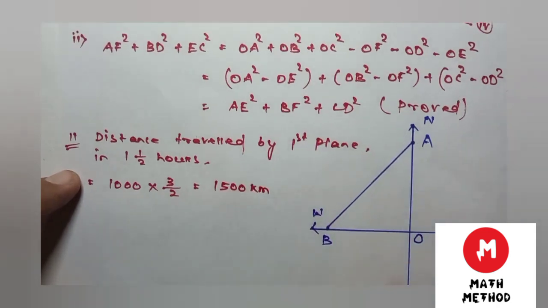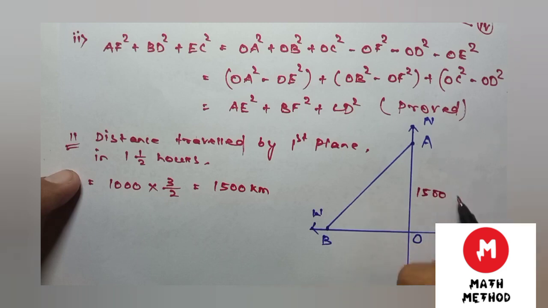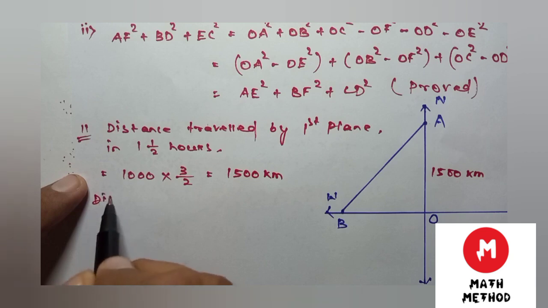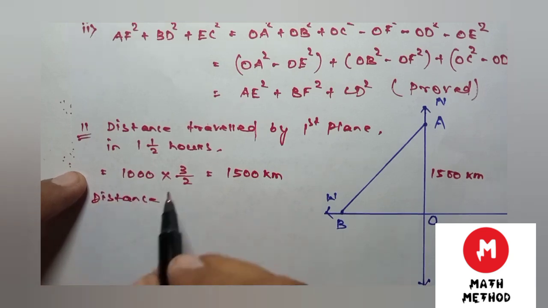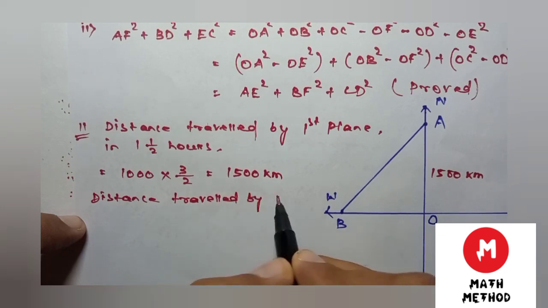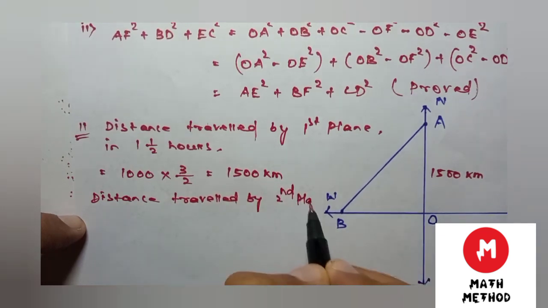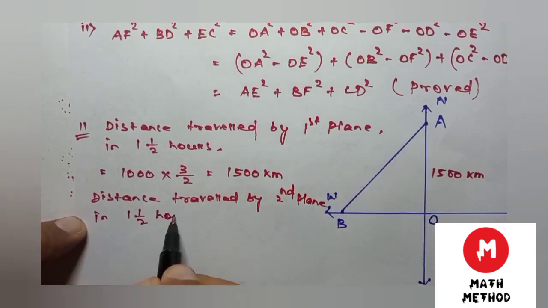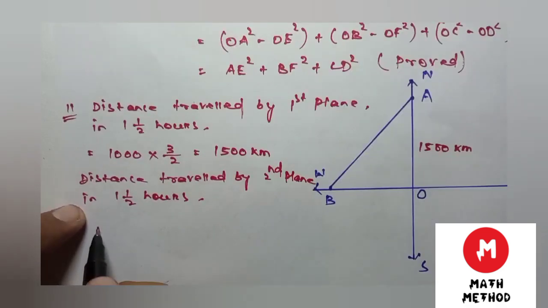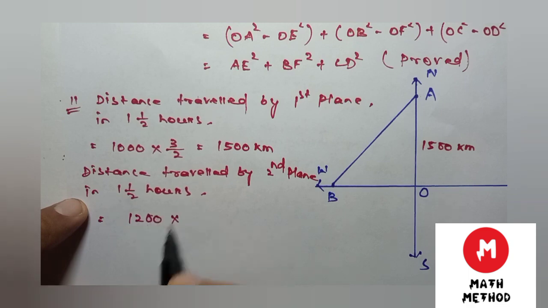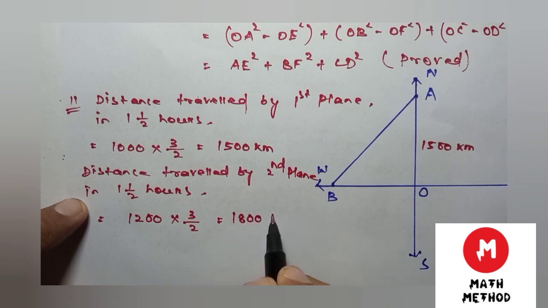So I will write here, this is my 1500 kilometers. Again, distance traveled by second plane in similar time, in 1.5 hour, is equal to 1200 into again 3 by 2, which is equal to 1800 kilometers.